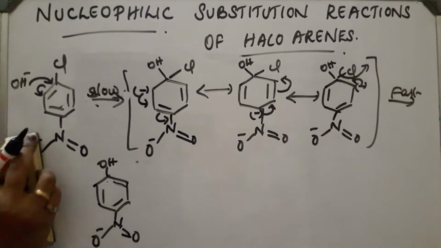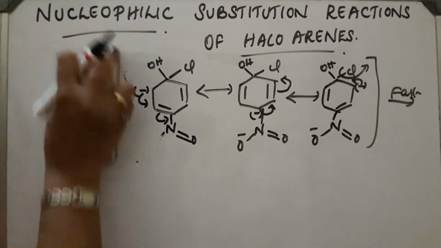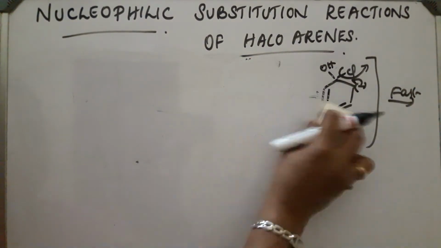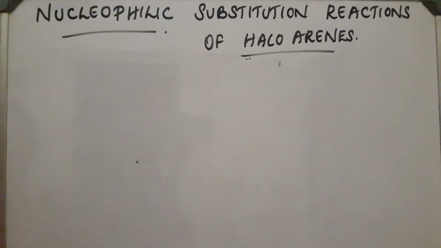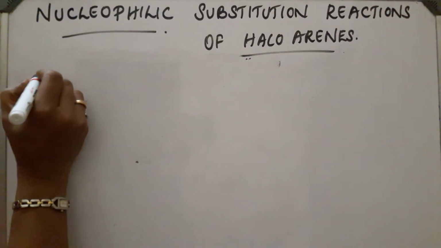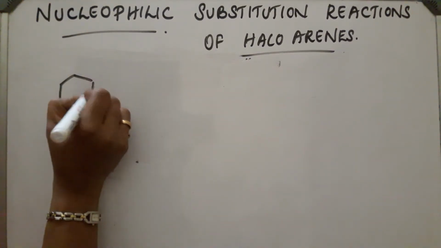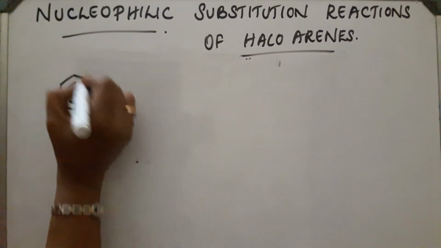Now let us discuss the second mechanism, if NO2 is present in the ortho position. We know at the ortho position also there will be a negative charge in the resonating structure. Let us see that.